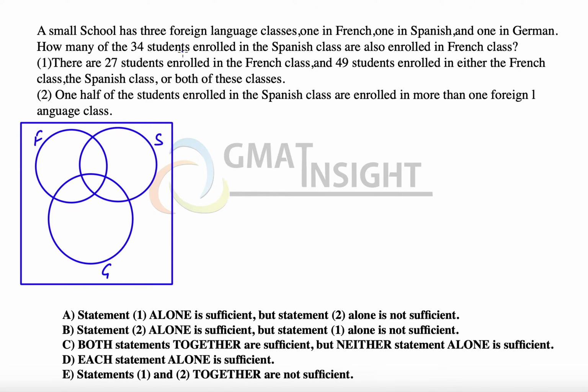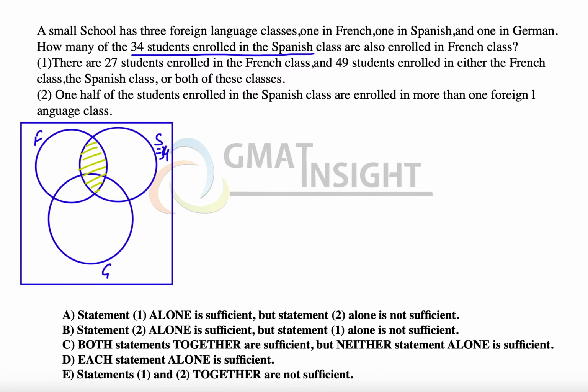How many of the 34 students enrolled in Spanish are also enrolled in the French class? So in Spanish we have 34 students in total. What we need to find out is basically this particular region, because this is a common portion to both of these classes, French and Spanish.